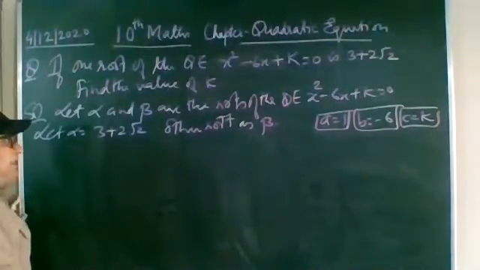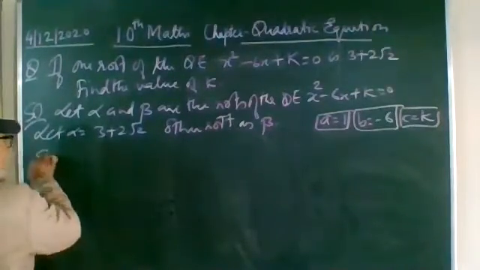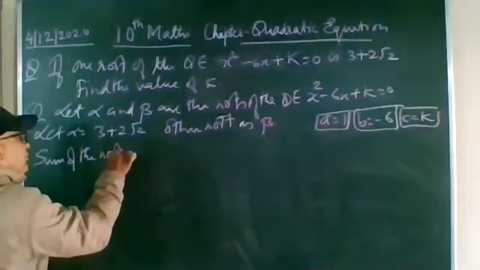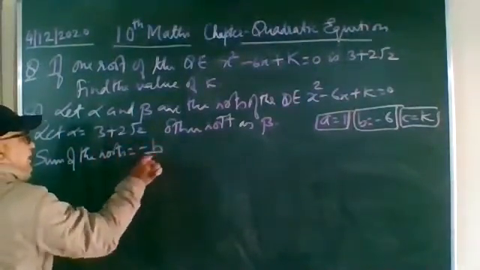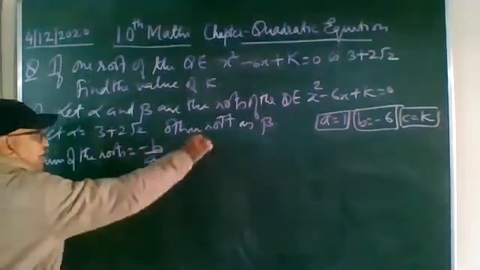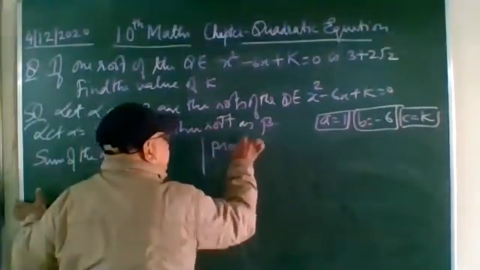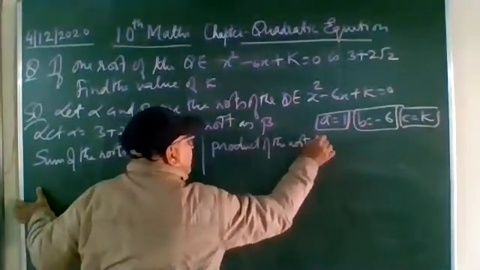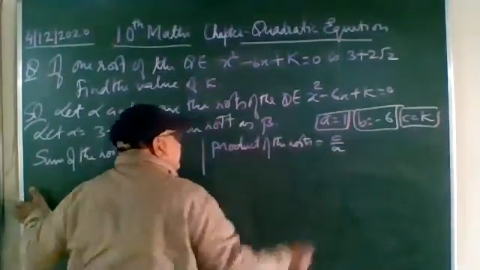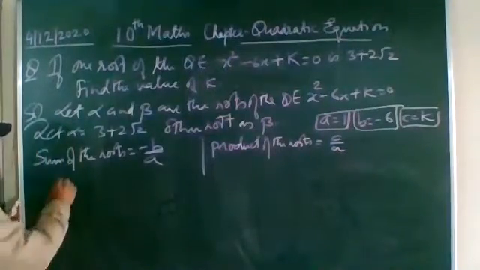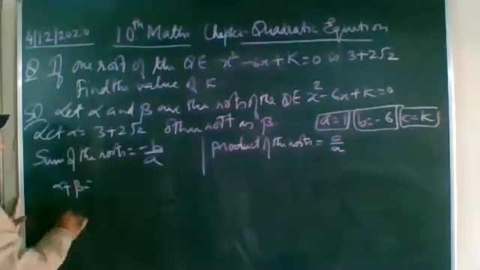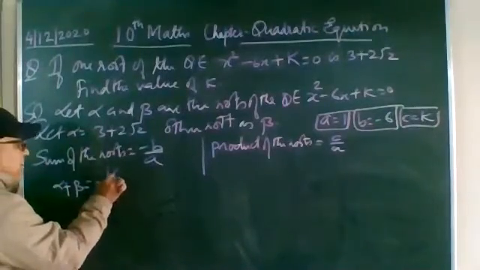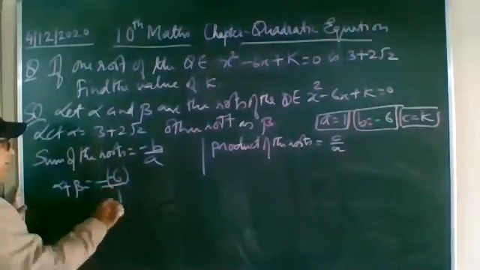After a, b, c you have calculated, you will say sum of the roots is minus b by a, and product of the roots is c by a. Alpha plus beta equal to minus of minus 6. a is 1.